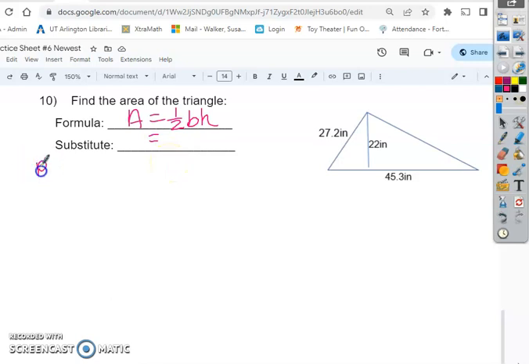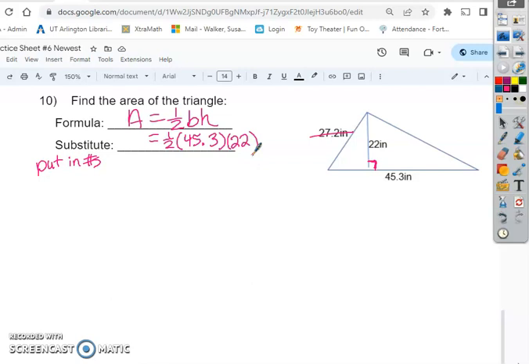Substitute. Remember, put in numbers. Plug in the numbers. I start with half. The base and the height, guys, should form a right angle, okay? I know it's not this. Clearly, that is not a right angle, okay? So 45.3. I should put the units, but I'm not going to because I want you to focus on the numbers right now. We'll put the units in our answer.